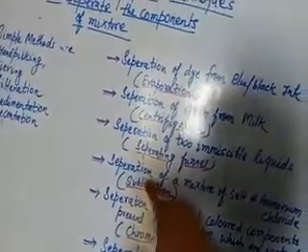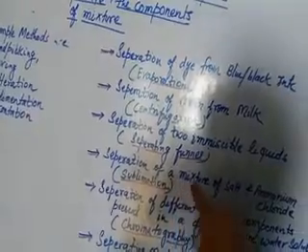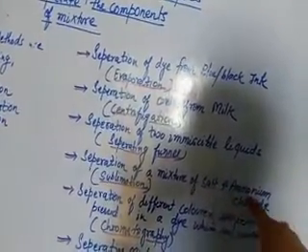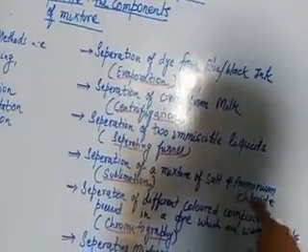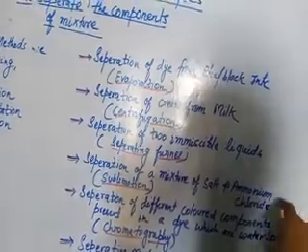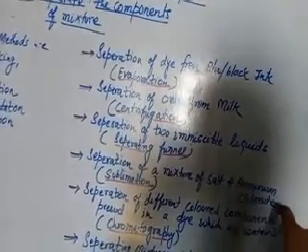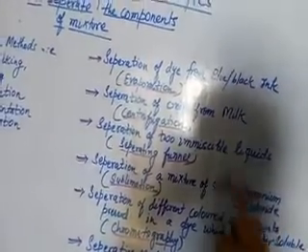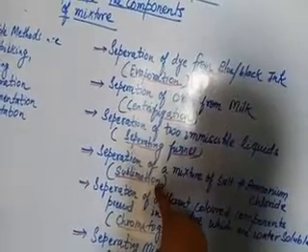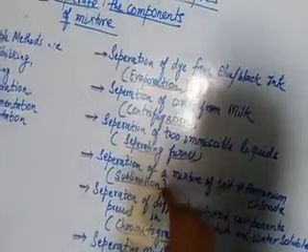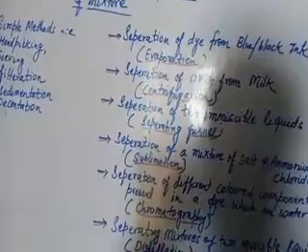Now the next separation method is separation of a mixture of salt and ammonium chloride. You know that ammonium chloride, that is NH4Cl, is a sublimable substance. So this can be separated out by a process called sublimation.